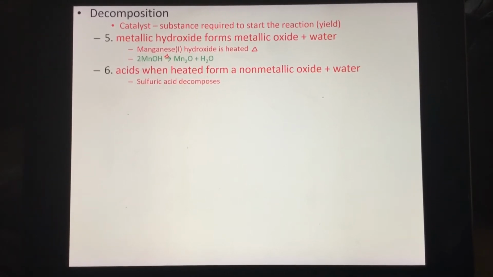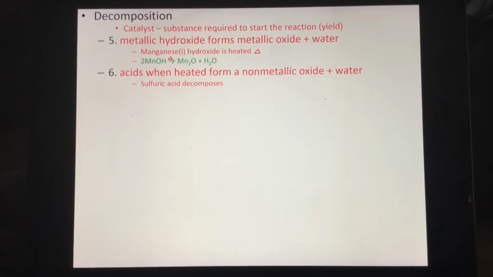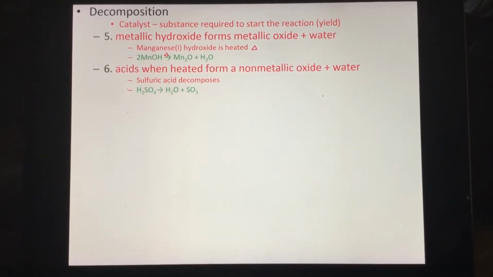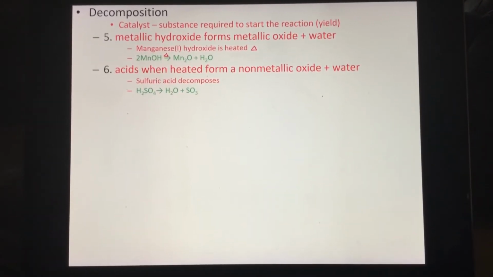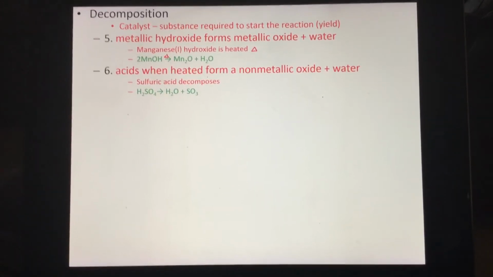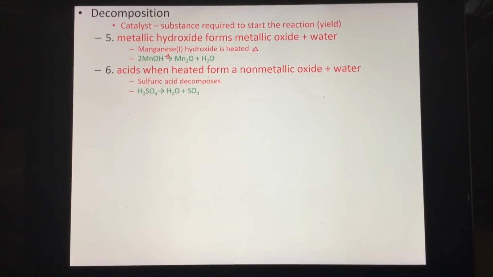So what that looks like, if I can pull it up, here we go, maybe, is, so sulfuric acid is H2SO4. Now, just like we saw in that third synthesis reaction from yesterday, where we just combine the non-metallic oxide and water together to make the acid.